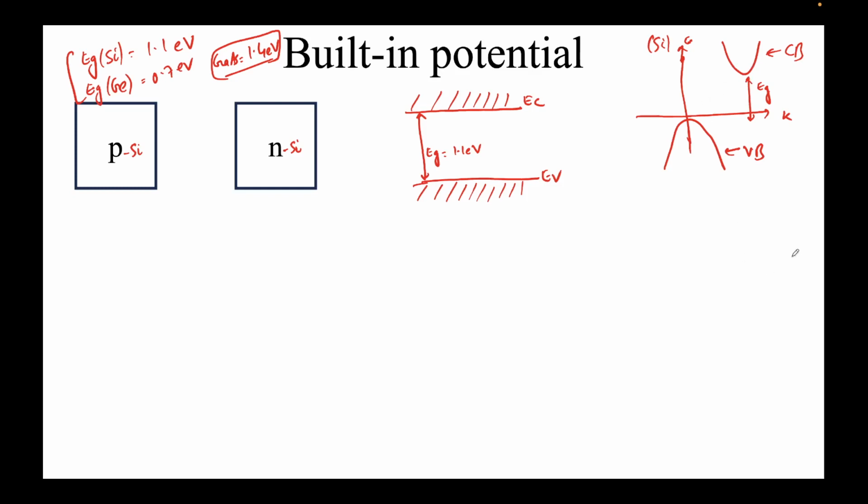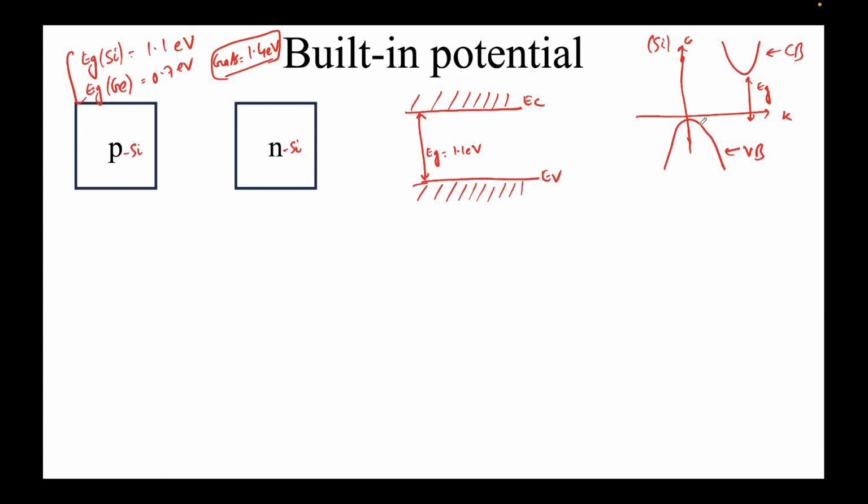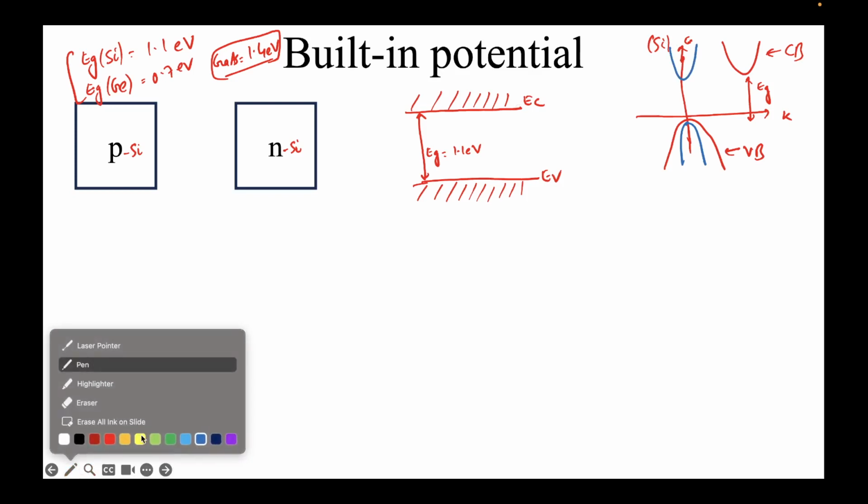However, for other semiconductors, which I'll draw in blue, let's say gallium arsenide. It's something like this. Forget about the curvature for a minute, just look at the positions.